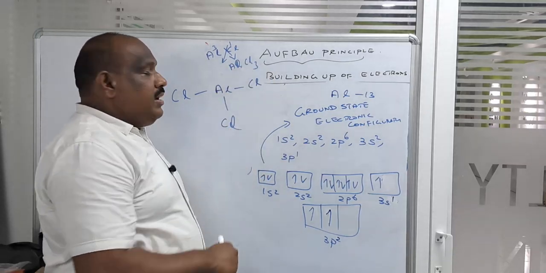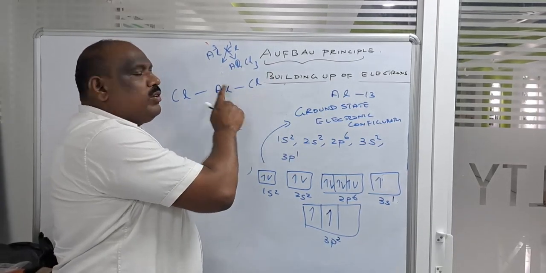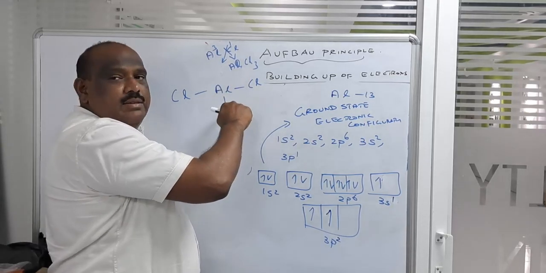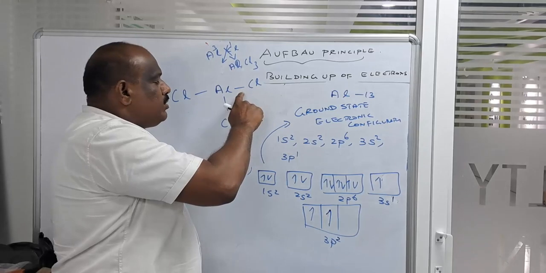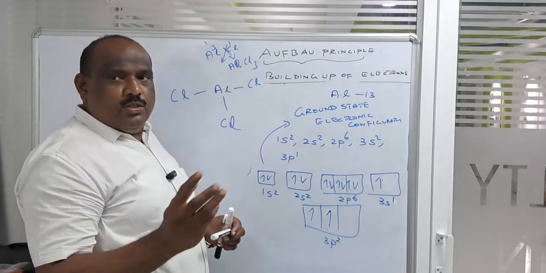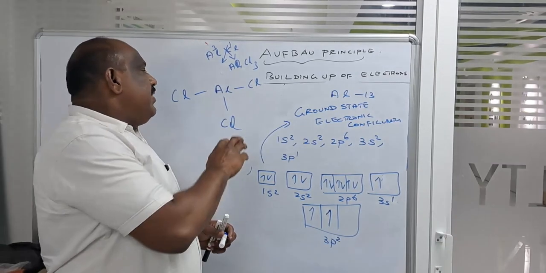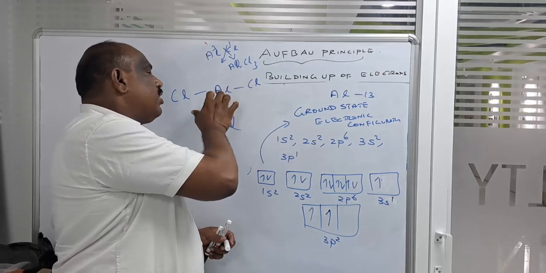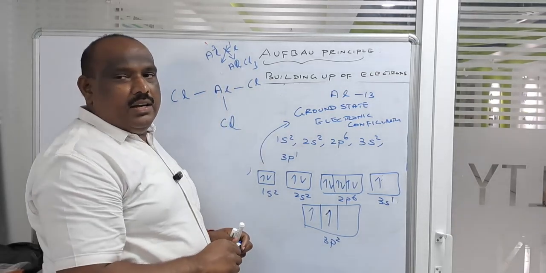So AlCl3. Now there are 3 bonds for aluminum and 1 bond for chlorine. So the valency of aluminum is 3, because there are 3 lines, 3 bonds. The valency of chlorine is 1 because there is only 1 bond. Now my question is, whether the bonds between aluminum and chlorine will be the same for all 3 bonds or will they be different.